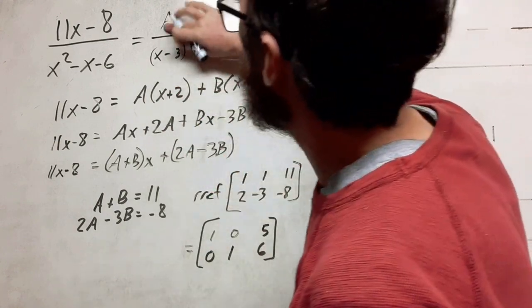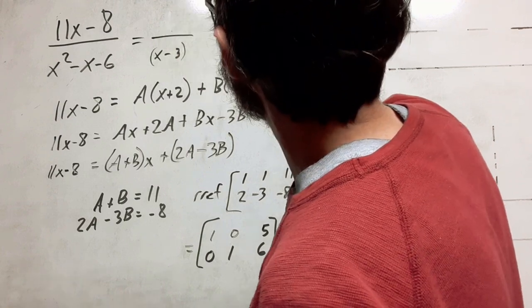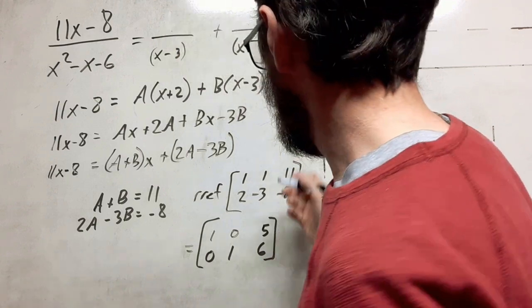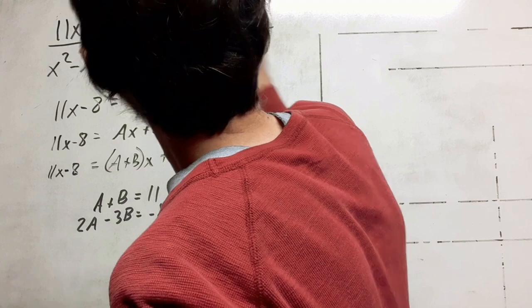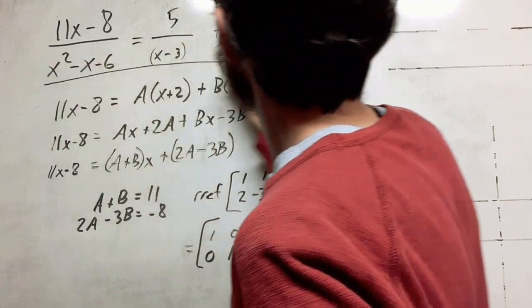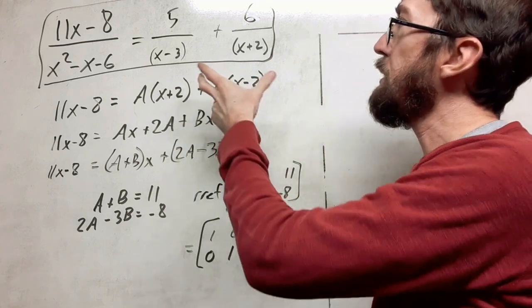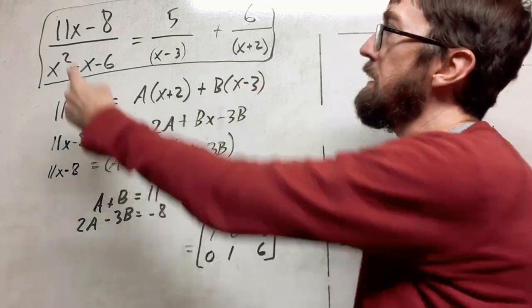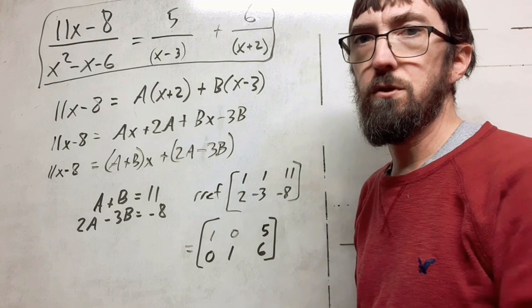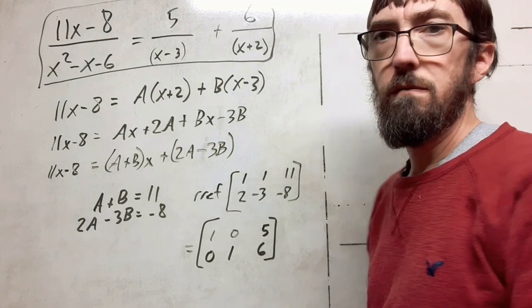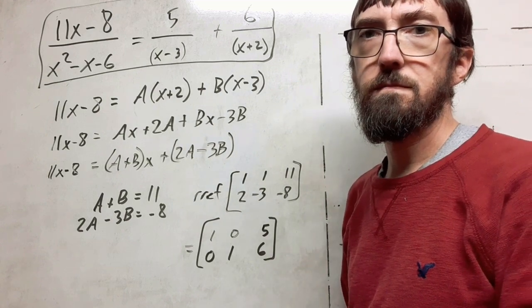So replacing the A and the B with 5 and 6, this will be our partial fraction decomposition of this original rational fraction.